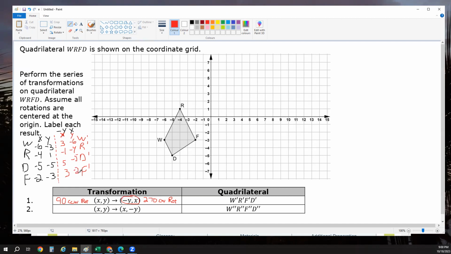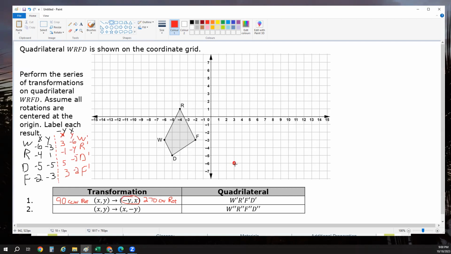So now we have some new points. Let's plot some of these new points. Okay, our new W prime is 3, 6, 3, -6, 3, -6.